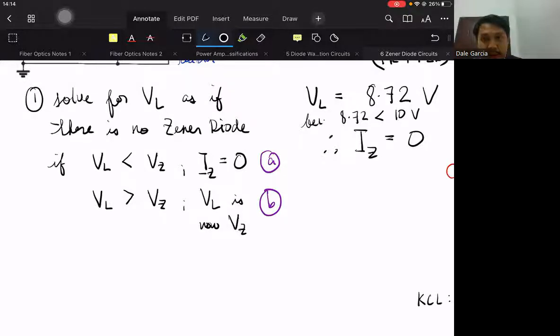First, solve the circuit load voltage as if the Zener diode does not yet exist.